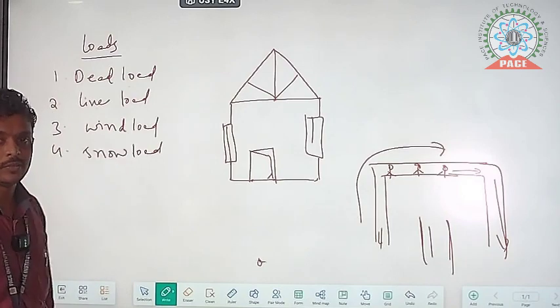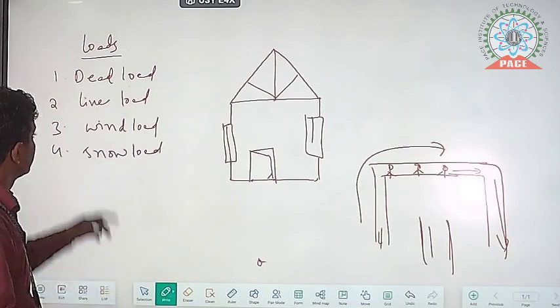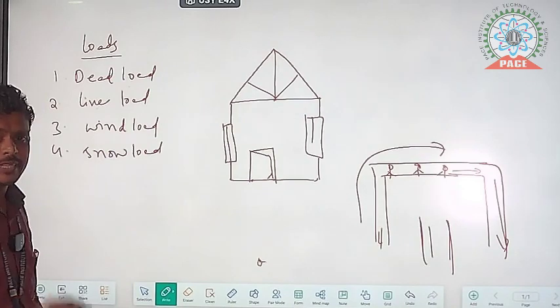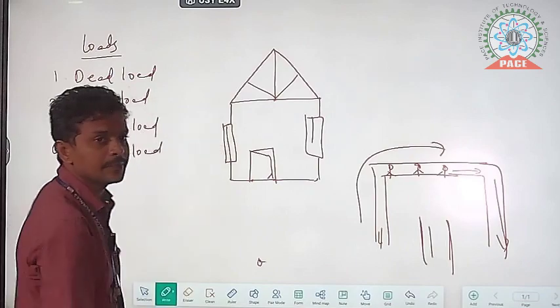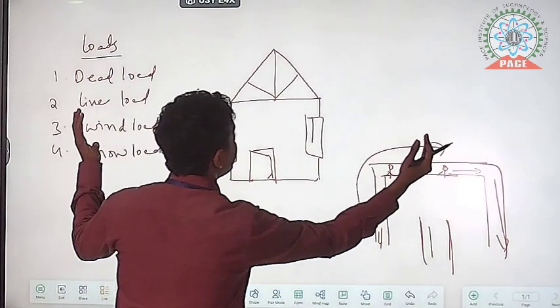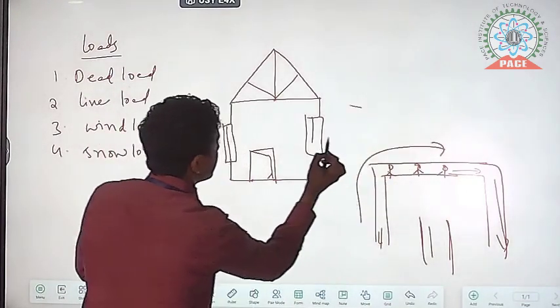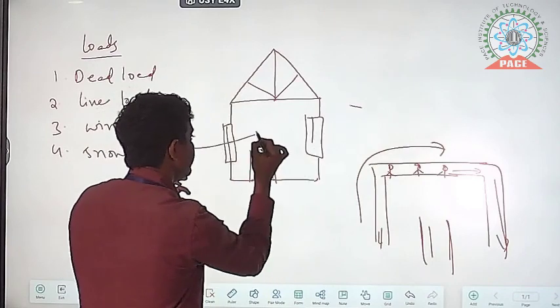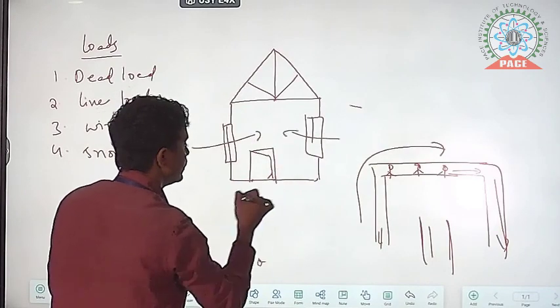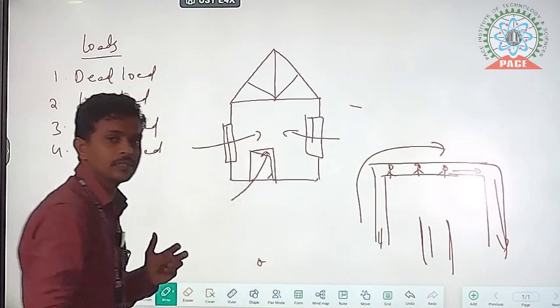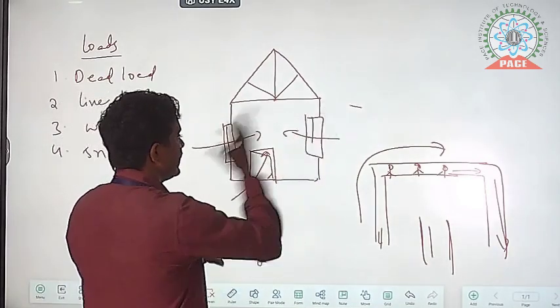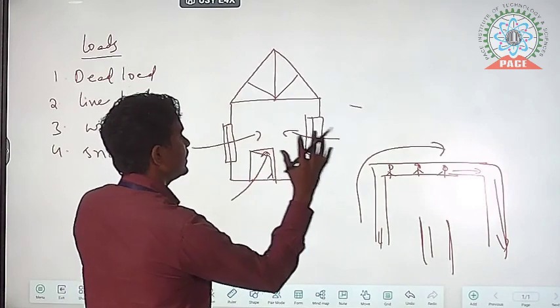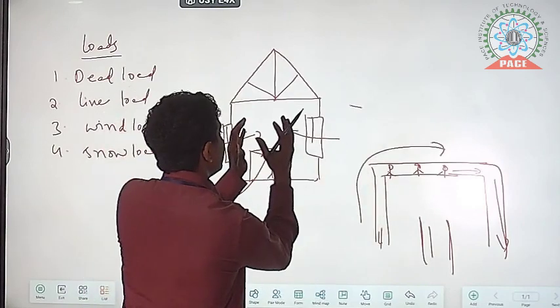If we see this structure, the wind will come and enter through these windows, through this entrance, the door. Wherever the openings are, the wind will come inside through all those openings, and then it will rotate, and finally it will go up and hit the truss.